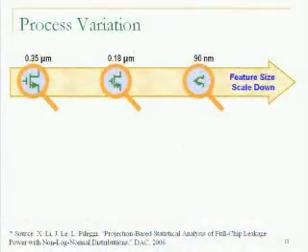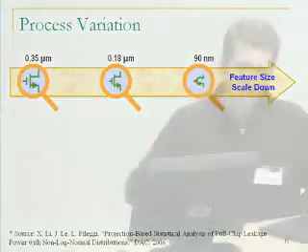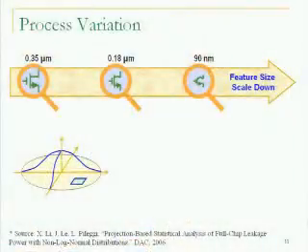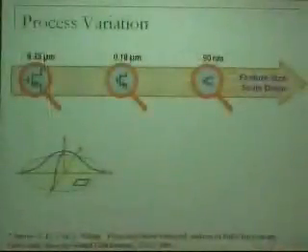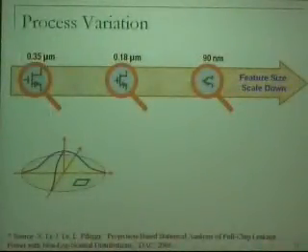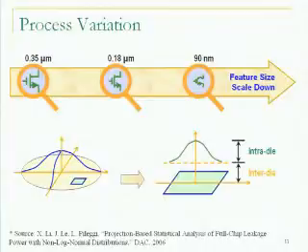As I said, when going to lower technology nodes, the transistors are no longer perfect. The parameters of the transistor would change. These changes can be viewed over different chips on the same wafer. This is called die-to-die variation, and it can also be seen even within the same die.